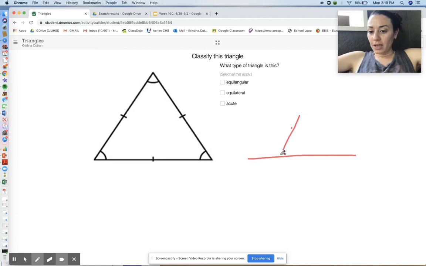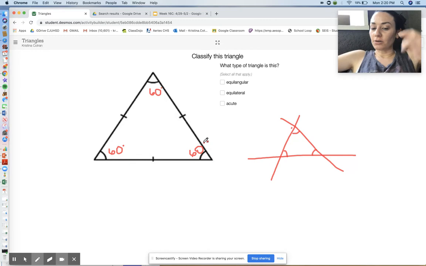If we have three lines together, there are three angles in a triangle and three sides, and the angles all end up adding up to 180 degrees. So in this particular case, if we took 180 and divided it by 3, we would get that this triangle is 60, 60, 60. 60 times 3 is 180.